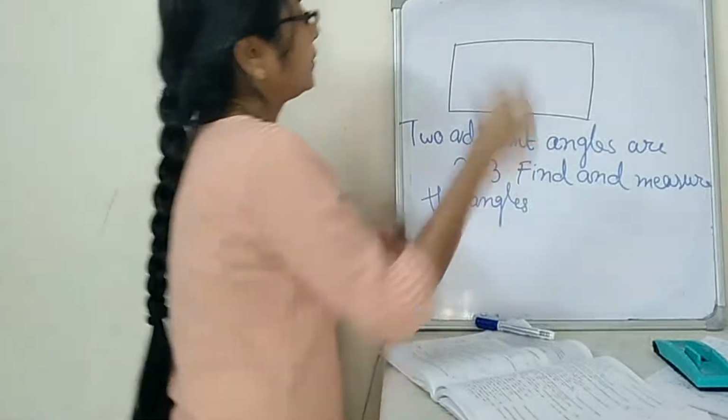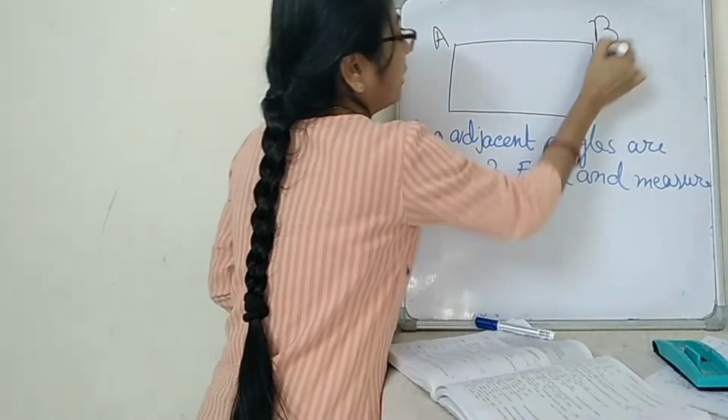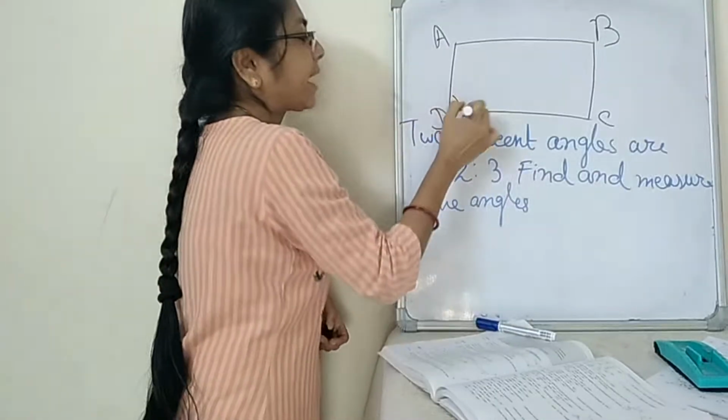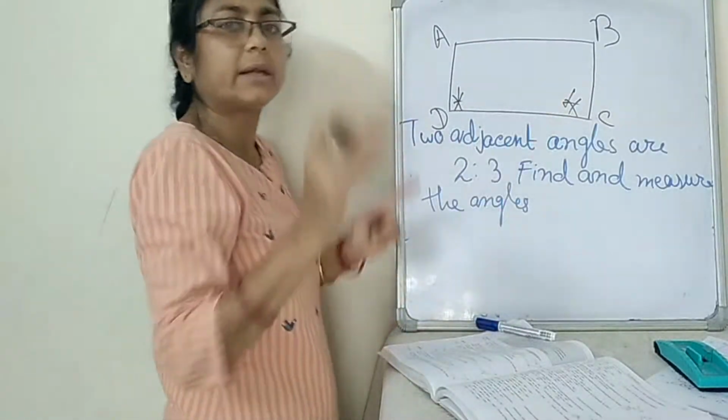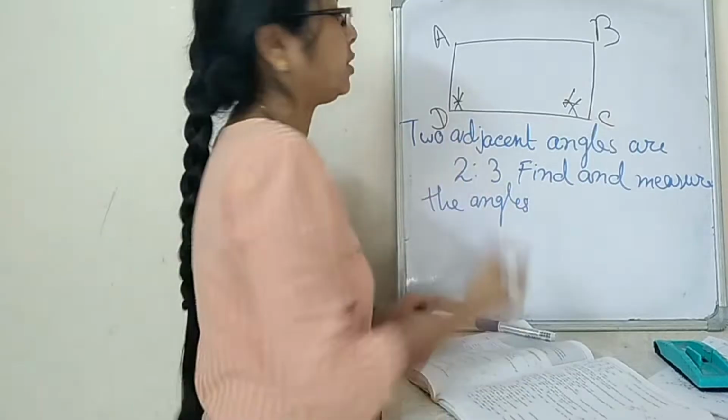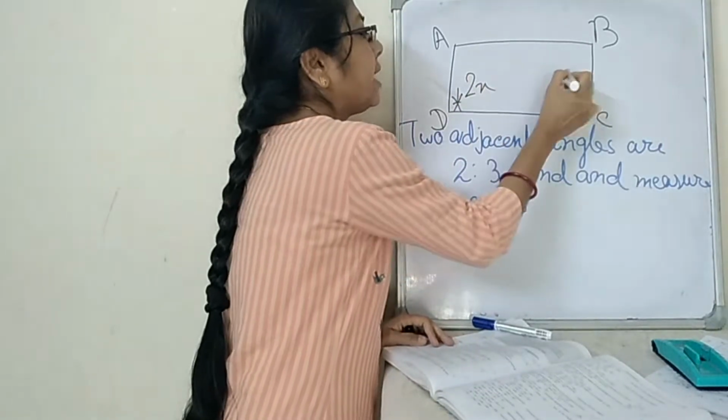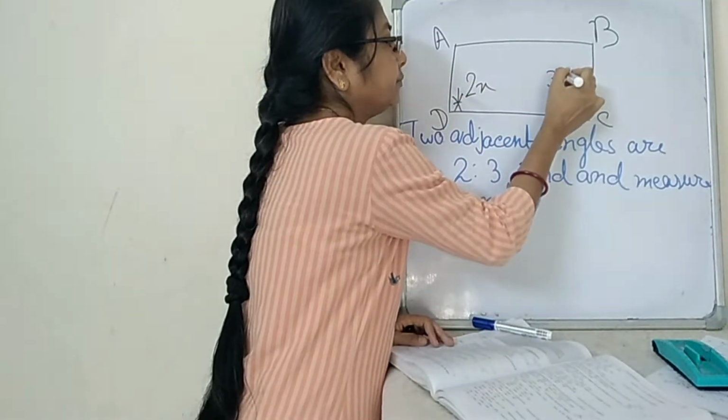Look, adjacent angle means which one? Adjacent angle means this one and this one. According to the question, the ratio 2:3 means this is 2x and this is 3x.